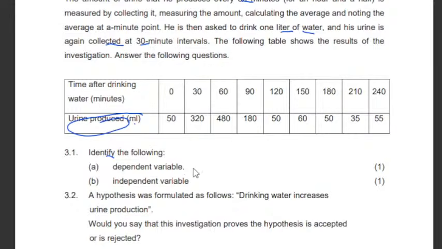The urine depends on time. Therefore, time is going to be independent, and the urine is going to be dependent. Yes. So as I told you, it is ID, independent variable, dependent variable. If we are to plot, it's going to be XY, ID XY, meaning on the x-axis and on the y-axis.